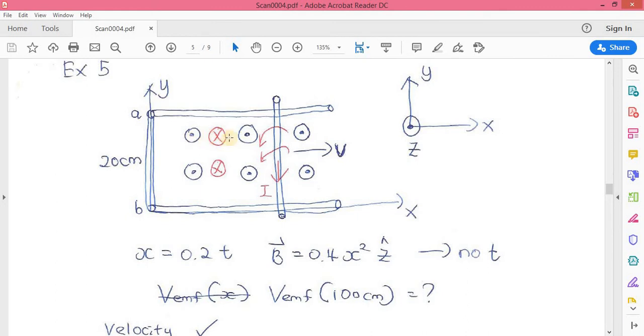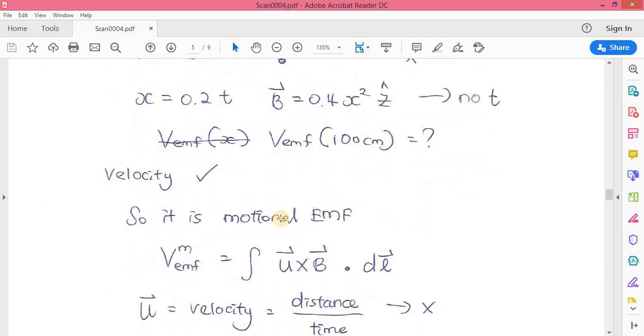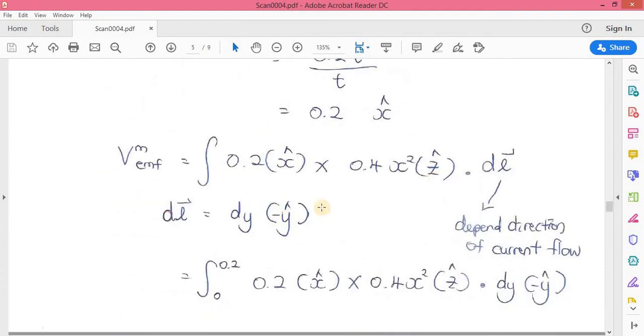So I must produce this one. If you use your right hand rule, and these two represent the direction of the magnetic field, or the direction of your four fingers, this will be the direction of your current. So your current is flowing in the negative y direction. The dl here will be represented by dy, and the current flows in the negative y direction, so you have a negative y here.